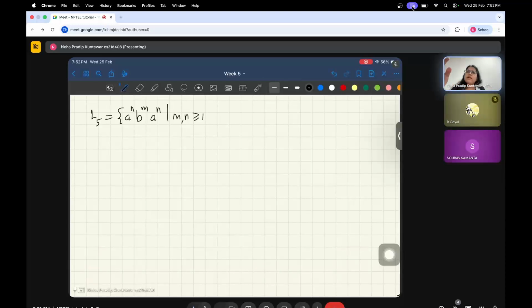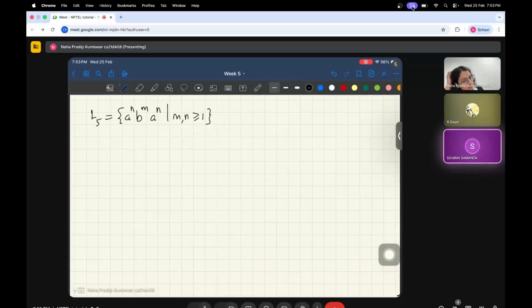What do you mean by null state? Construct a PDA accepting this language L equal to the set of a to the power n, b to the power m, a to the power n, such that m, n greater than or equal to 1, by null state. Null here means empty stack.